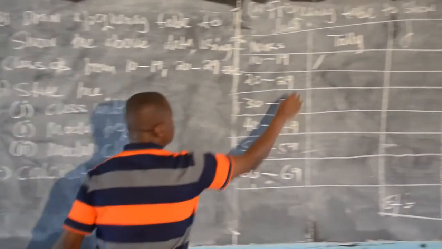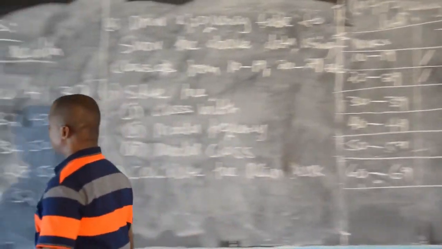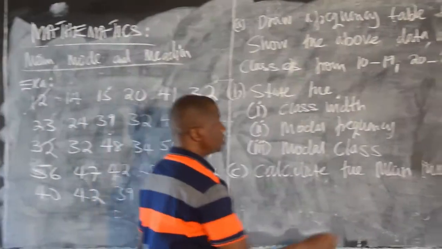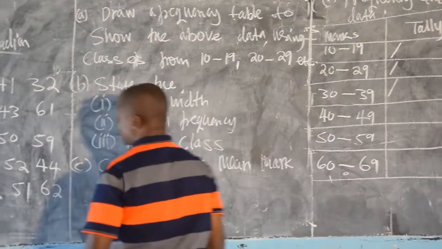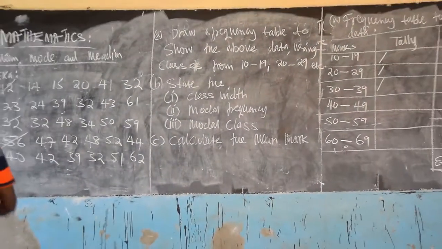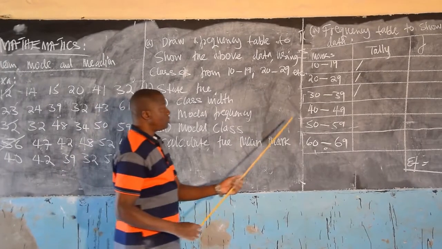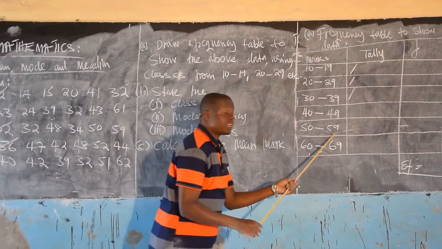23, like that. 32, good. 56, 56, it is in between 50 to 59.